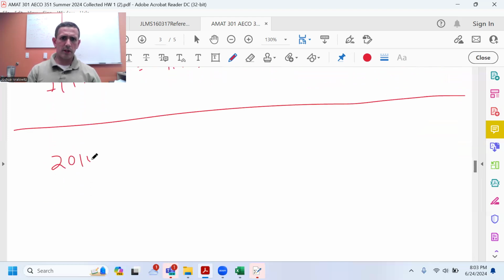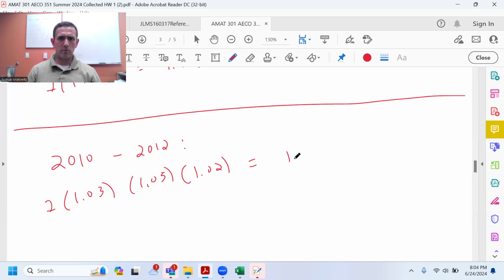All right, so same thing, go a little quicker. 2010, 2012. So 3% growth in the first year, 5% growth in the second year, 2% growth in the third year. $1 grows to $1.0313.